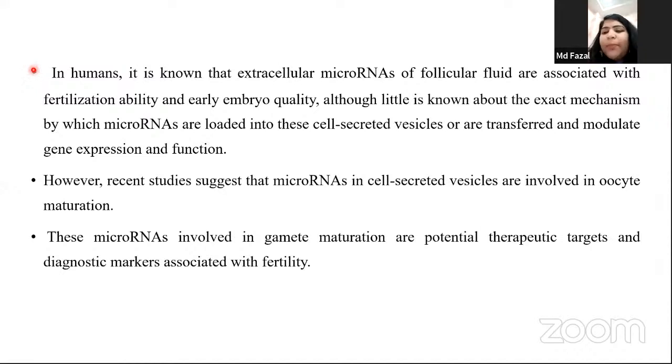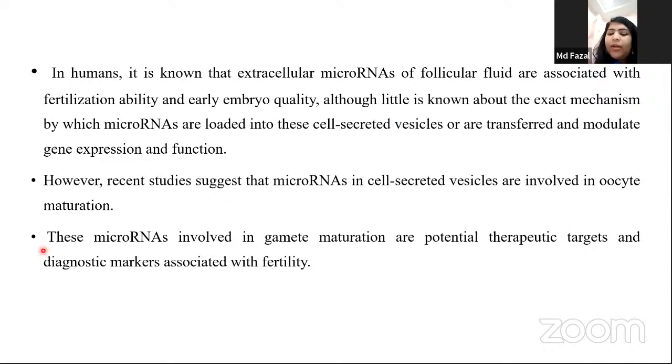The extracellular microRNAs of follicular fluid, the ones which we get in follicular fluid, are associated with fertilization ability and early embryo quality. Little is known about the mechanism of microRNA, but they are definitely involved in oocyte maturation.